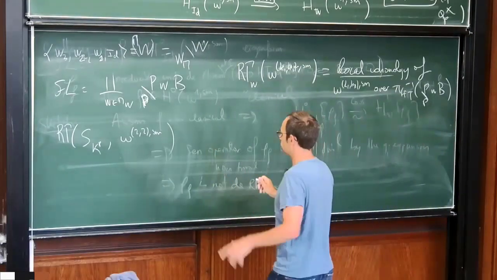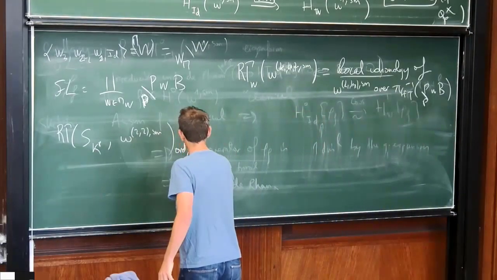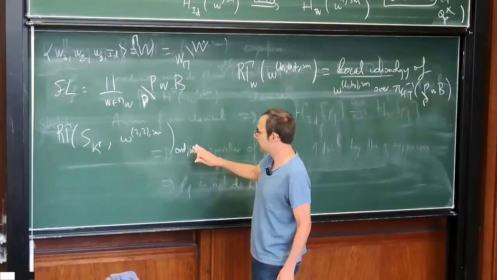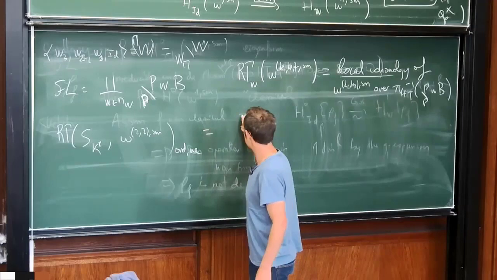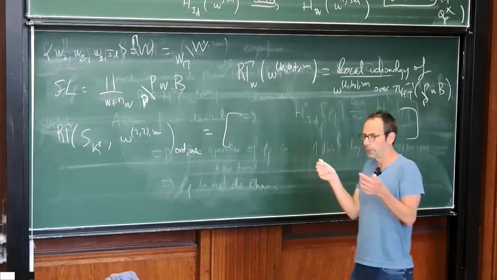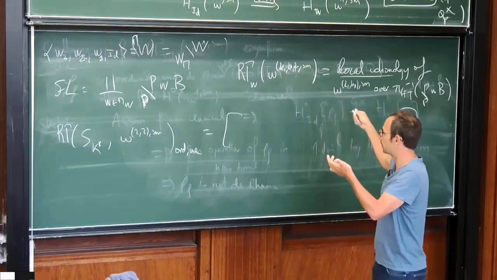So for instance, that's the classical cohomology in weight 2. But I take the ordinary part and the non-Eisenstein part, and this is actually represented by a complex of amplitude 2 of these overconvergent modular forms.